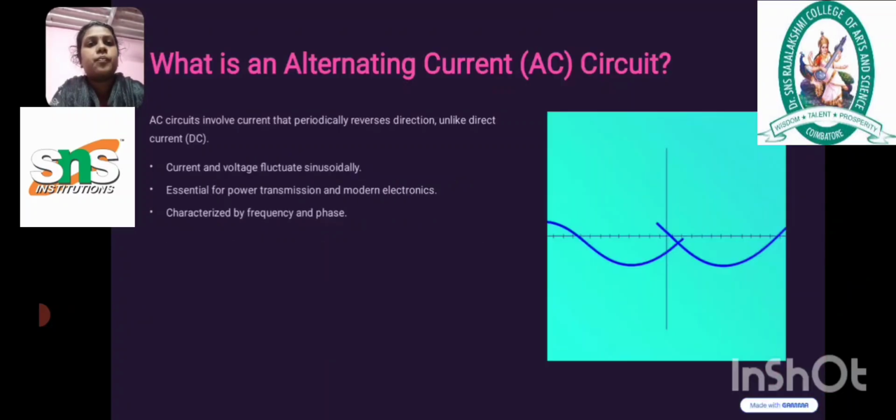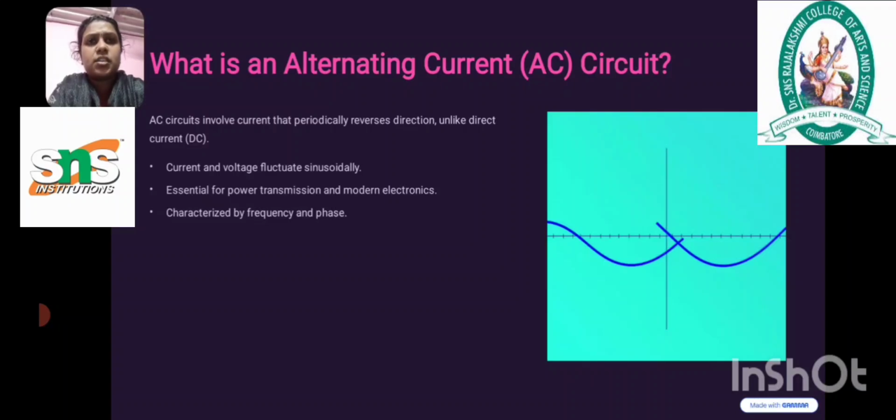Then, what is an alternating current (AC) circuit? An AC circuit, or alternating current circuit, is an electrical circuit powered by alternating voltage sources, where the current and voltages periodically reverse direction and change magnitude, typically following a sine wave pattern over time.